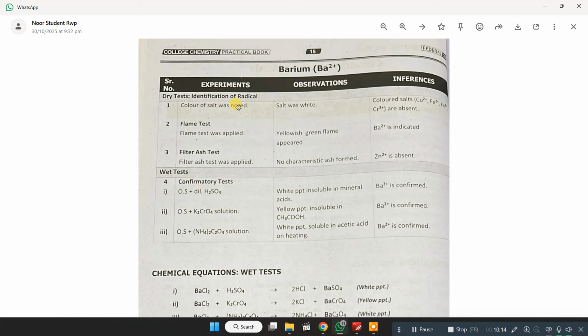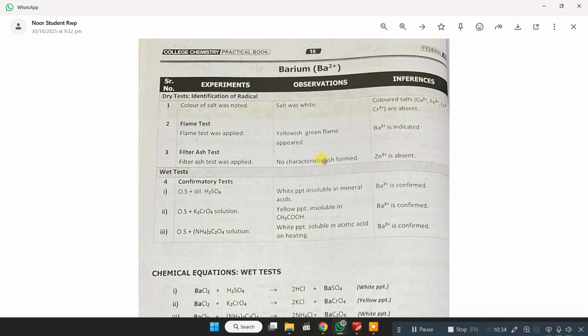So previously we had two identifications, right? Up to these three basic ideas, while noting the color of the salt, which was white, no colored ions are present here. Second, the flame test gives a little confirmation about the barium 2+ ions.